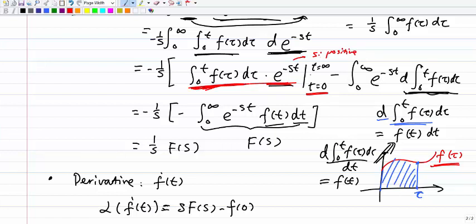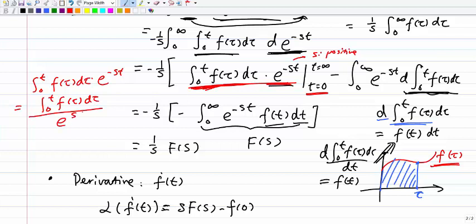So let's compute this value when t is going to infinity. This becomes the integral from 0 to t of f(tau) d tau times e^(-st), which I can put as a denominator: the integral from 0 to t of f(tau) d tau over e^(st), right?